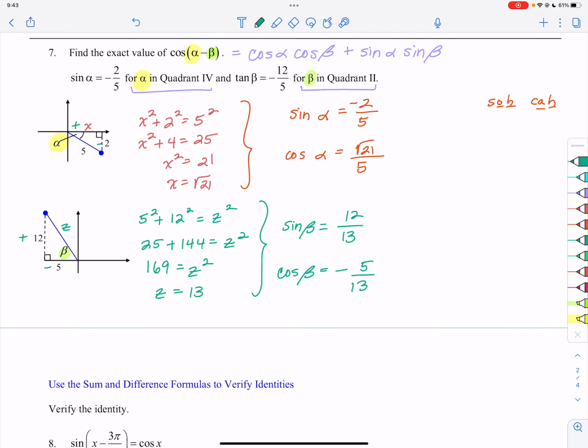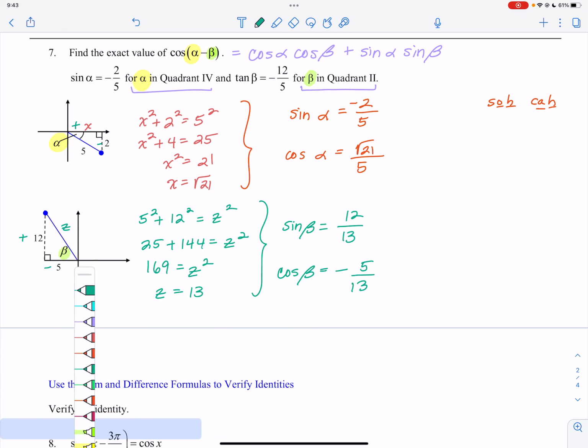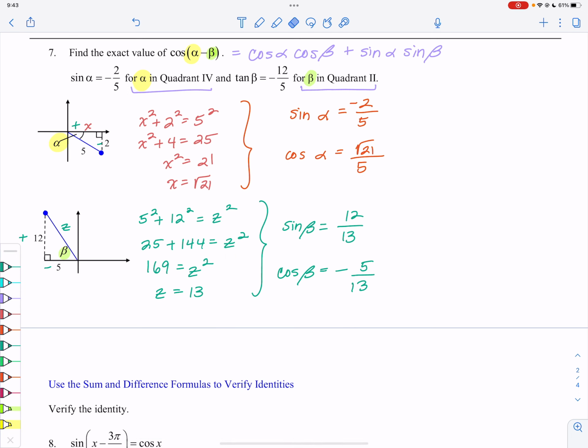Okay, so now what can we do? Now we can go ahead and use our formula, which this is equal to negative 5 over 13. I'll go ahead and write the first one there first. That's equal to root 21 over 5 multiplied by a negative 5 over 13 plus a negative 2/5 multiplied by 12 over 13.